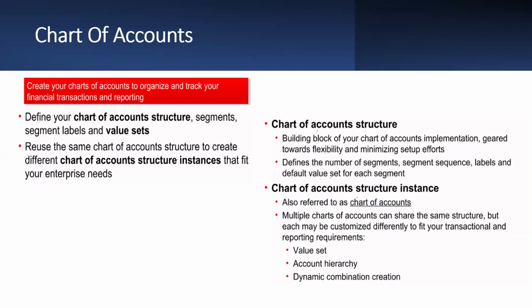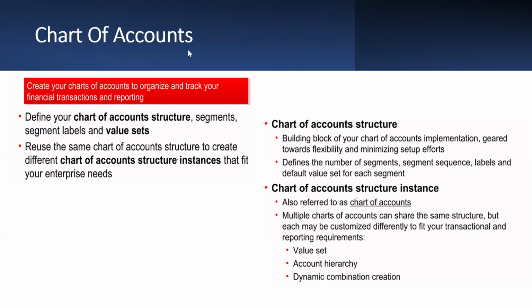What is the difference between chart of accounts structure and chart of accounts structure instance? The main thing is, when you create a functional transaction like purchase, sales, payments or receipts at the application level, in the back end it will create an accounting string.